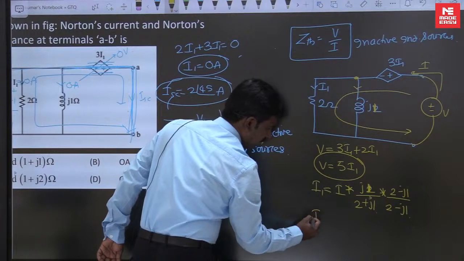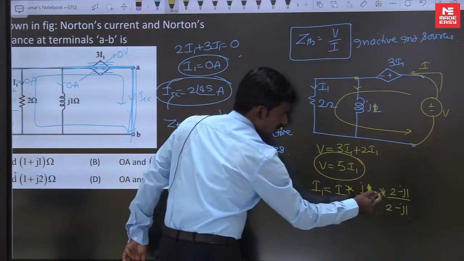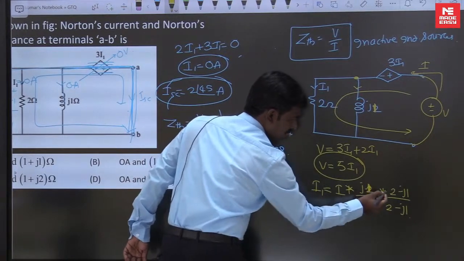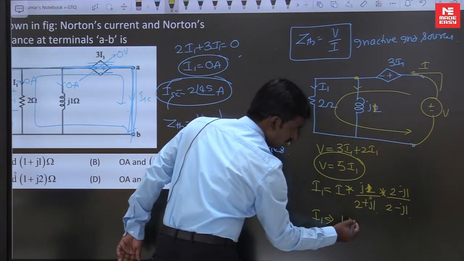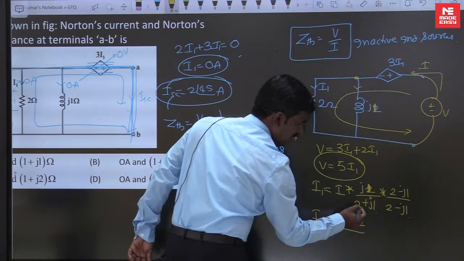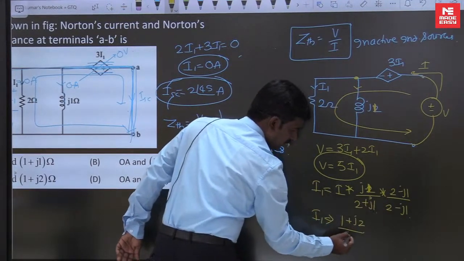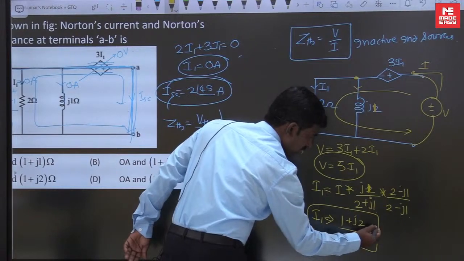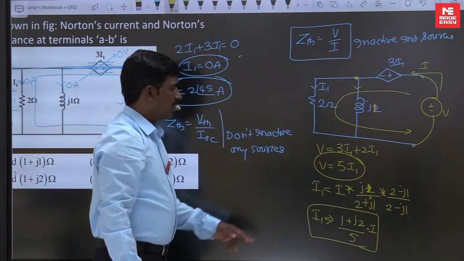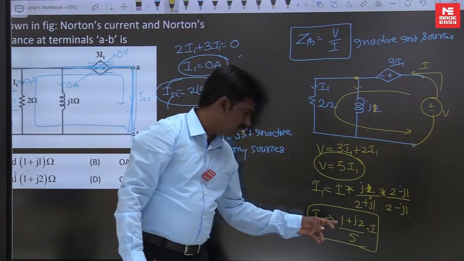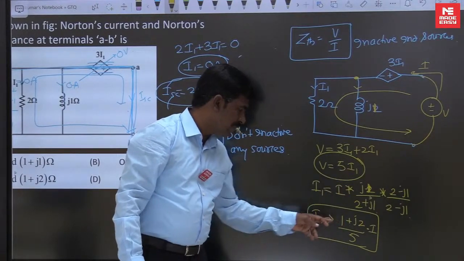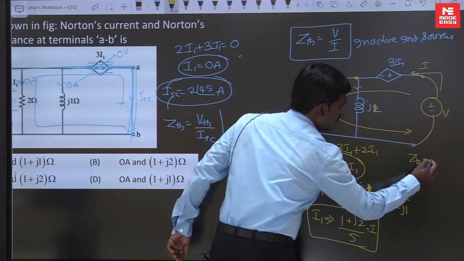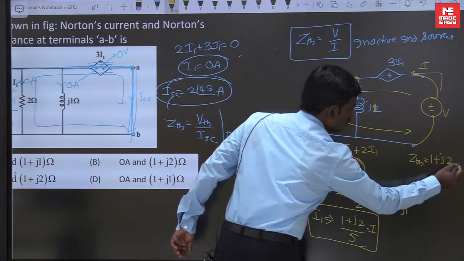You get I1 equal to (2J1 plus 1, plus J2) by a square plus b square, which is 5. I1 is obtained as I into this. Now V is equal to 5 into I1. The 5 gets cancelled. V by I ratio is directly ZTH is equal to 1 plus J2.